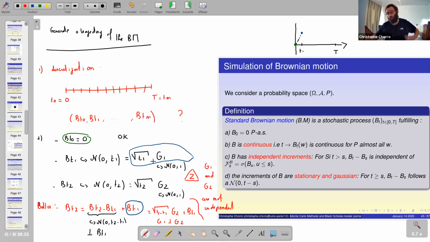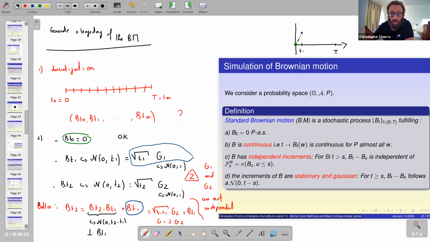And I am able to do this using the previous methodology. So here, applying this formula, B_T1 is known, that is the blue point here, and then I obtain B_T2 just adding the square root of T2 minus T1 multiplied by N(0,1) that is independent of the first N(0,1).